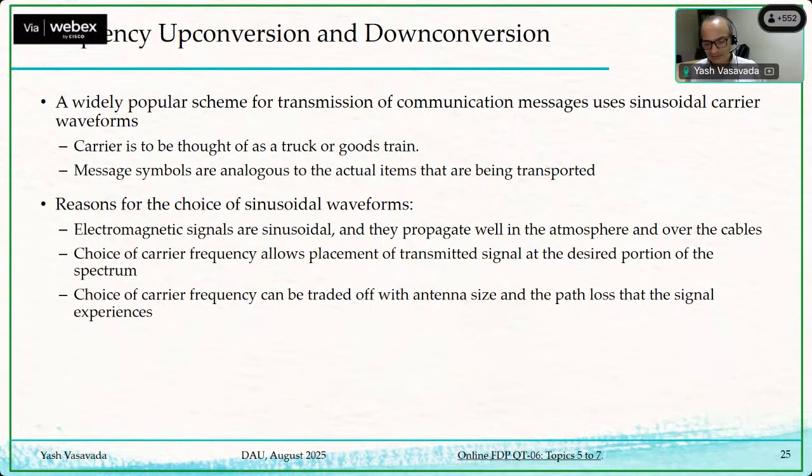Or 3 kilometers away. That is possible simply and only because the phone doesn't transmit my voice in the manner that it was generated, which is the auditory signal. It converts that audio into an electromagnetic wave. And it puts my voice information, or if I'm doing internet browsing or anything else, it puts that data on top of that EM wave, simply because it propagates well.